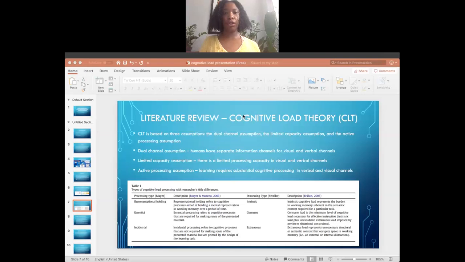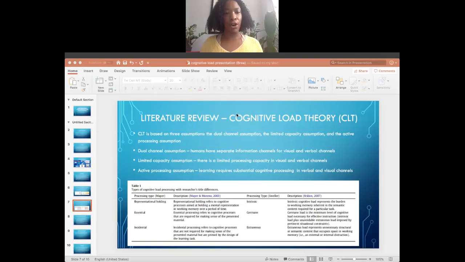The dual channel assumption relates to how humans have separate information channels for visual as well as verbal cues. Unlike the dual channel assumption, the limited capacity assumption assumes that there's a limited processing capacity in visual and verbal channels. Lastly, the active processing assumption relates to how learning requires substantial cognitive processing in verbal and visual channels.